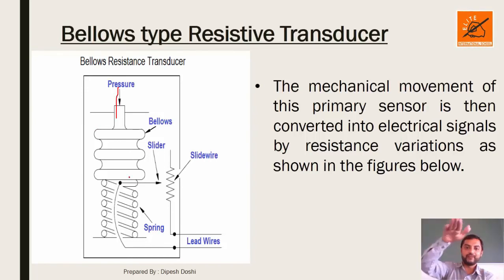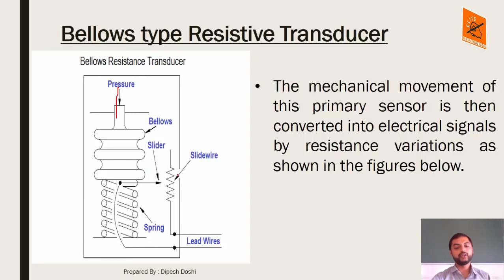It is the same as what you use in your laboratory, the rheostat. It is nothing but like a rheostat. Whenever this spring is contracted, the slider comes downward and it causes a change in the resistance.